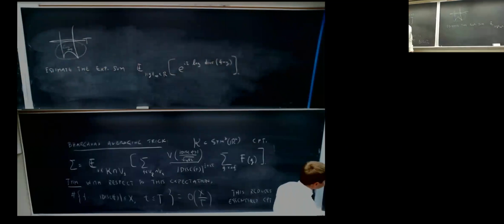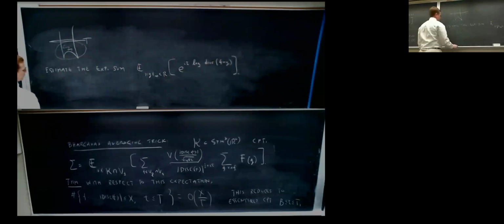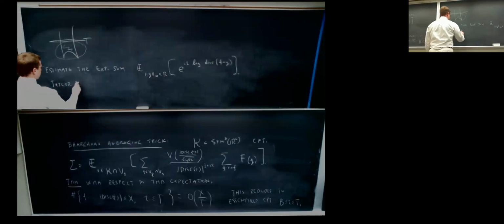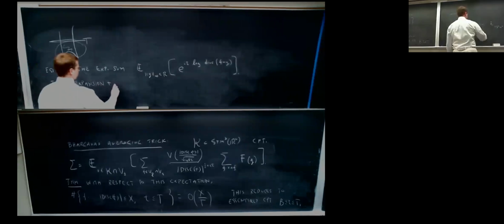This is a degree 4 polynomial. The discriminant is a degree 4 polynomial. So we apply the Taylor expansion, plus two applications of integration by parts.